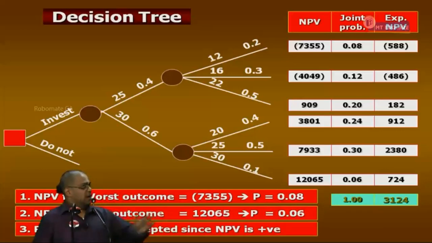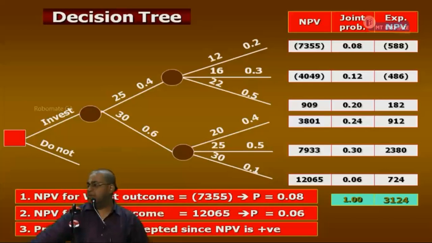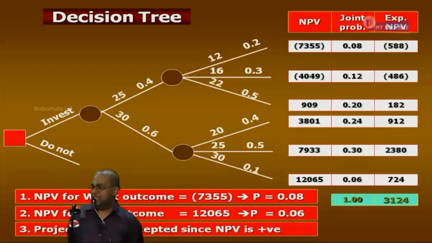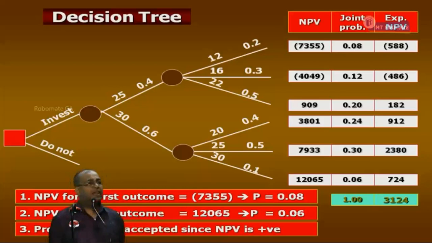Are you able to have the clarity or not? Next, point number 3. Probability of negative NPV is 0.08 plus 0.12, which is equal to 0.20.